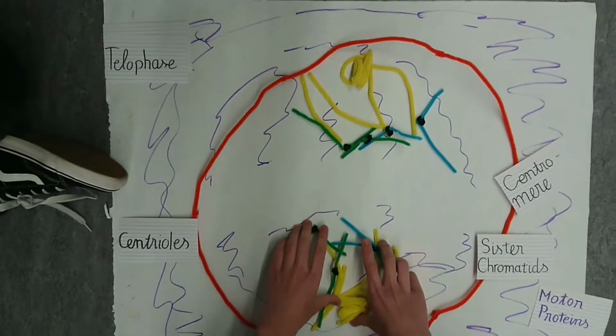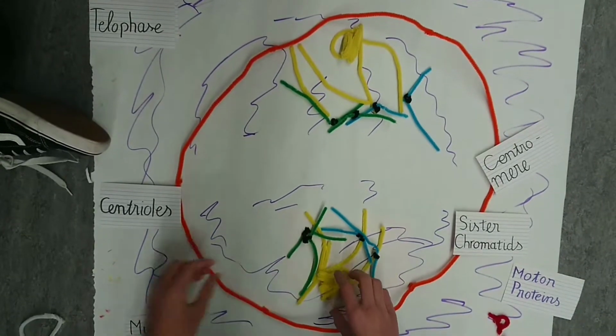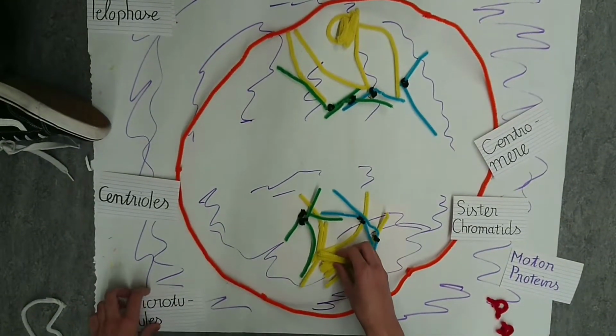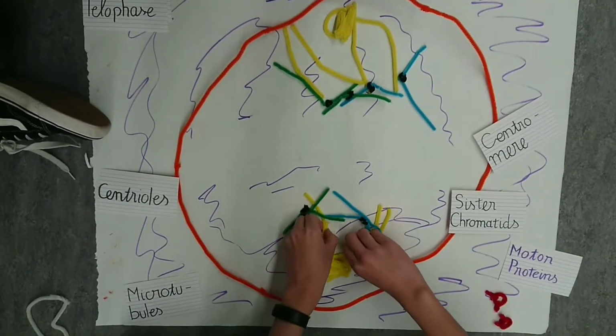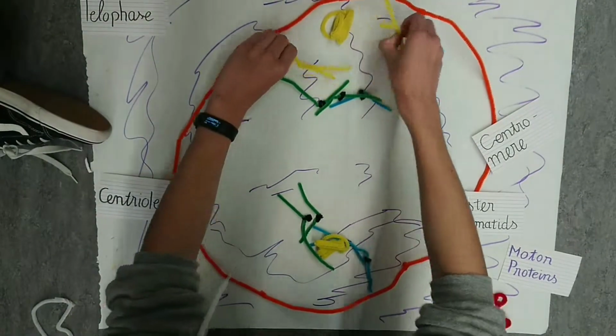The sister chromatids start to condense with the centrioles. At this time, the microtubules are gone. Let me take this out.